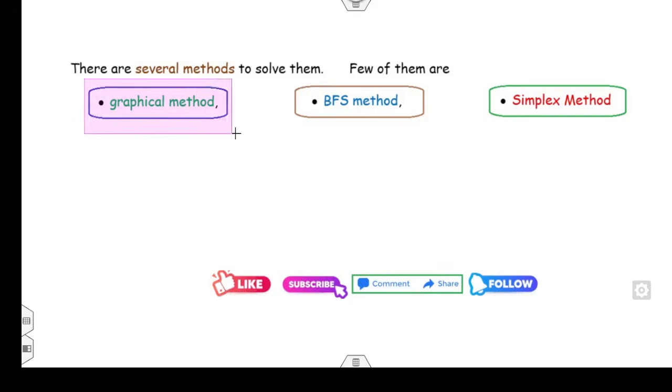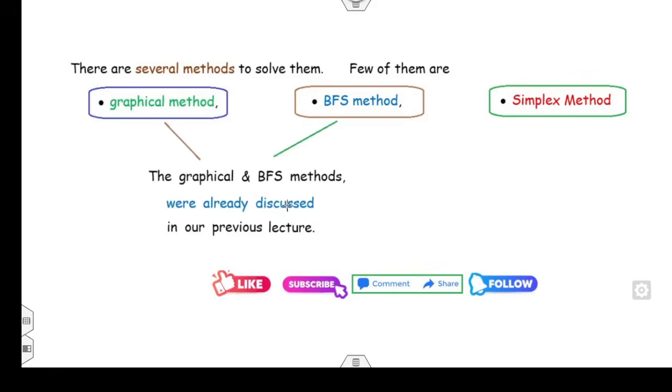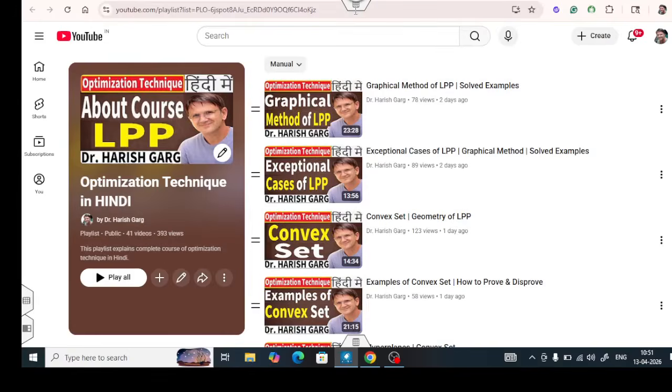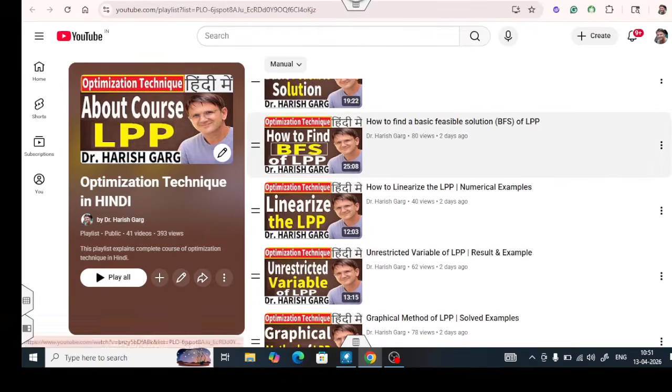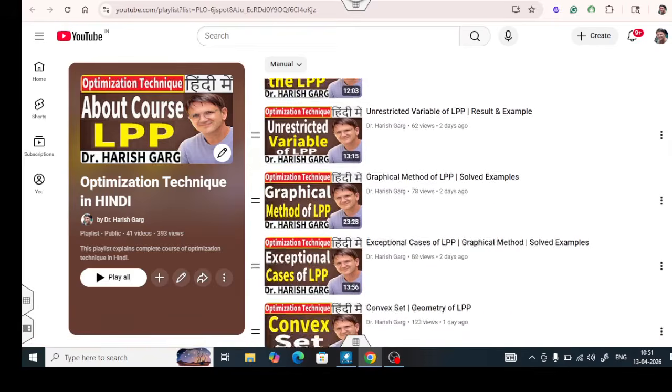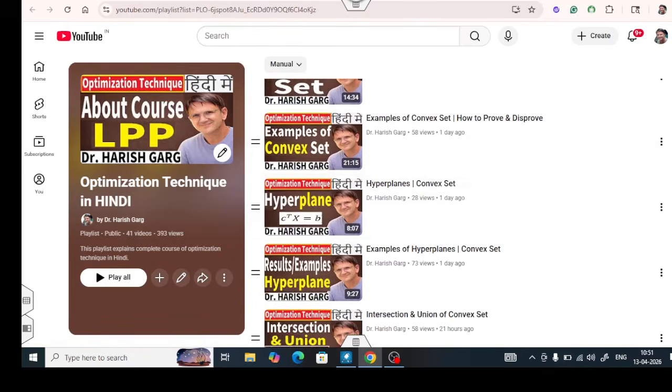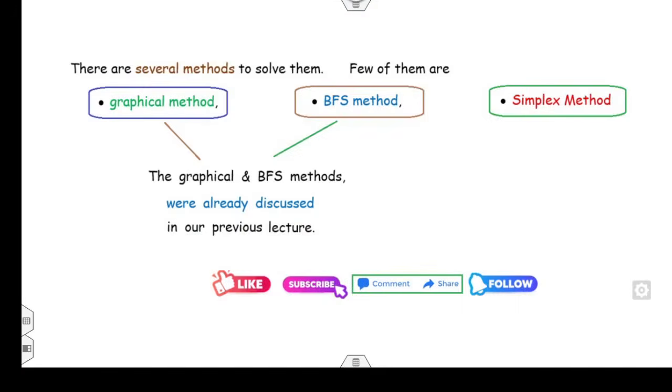However, the graphical methods and the basic feasible method we already discussed in our previous lectures. You can find those lectures in my playlist optimization techniques, where you can see the graphical methods and how we can find the BFS of the LPP. So you can follow these playlists and learn the concept easily.